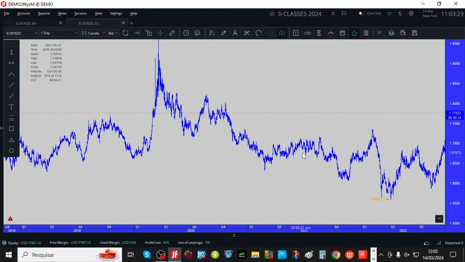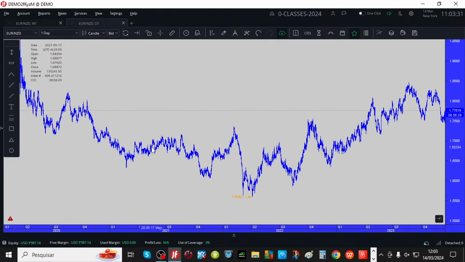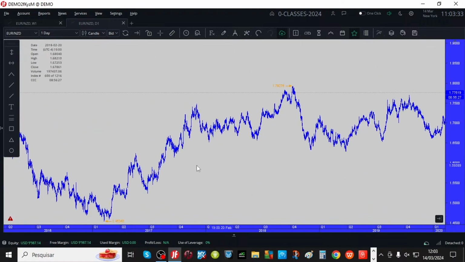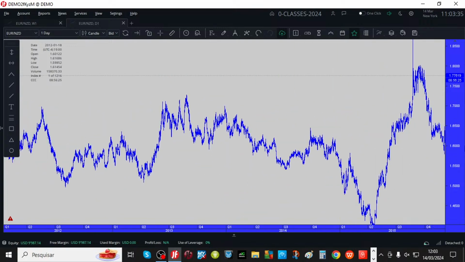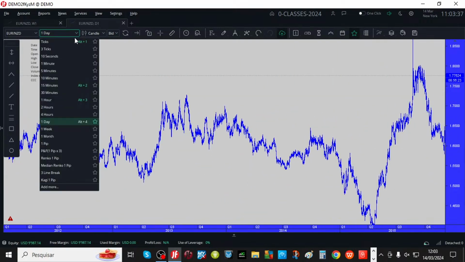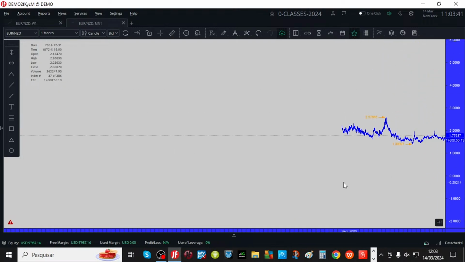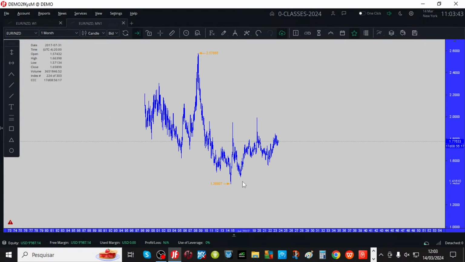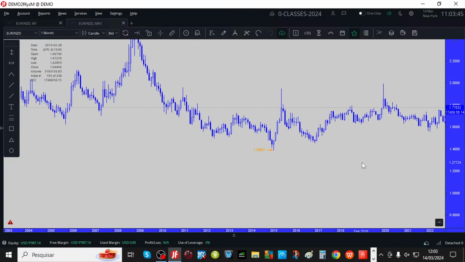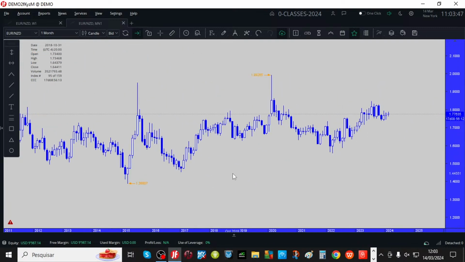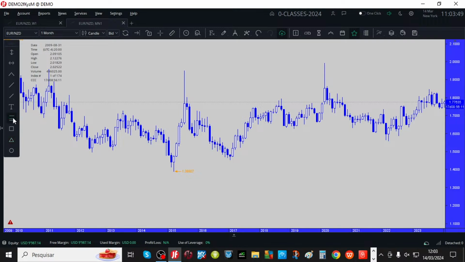Euro New Zealand, daily chart. And we start from the monthly chart, just to have the ABCD, just to have the starting point. A to B, Euro New Zealand, A to B.